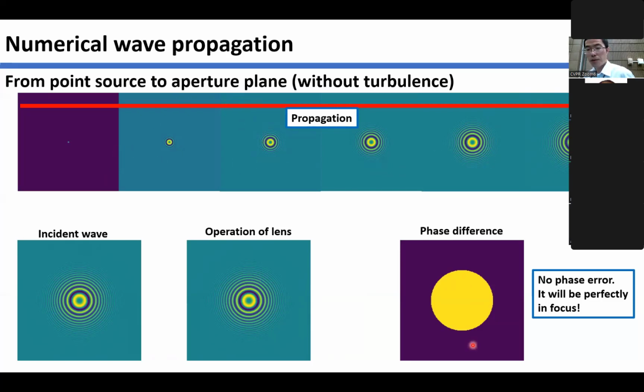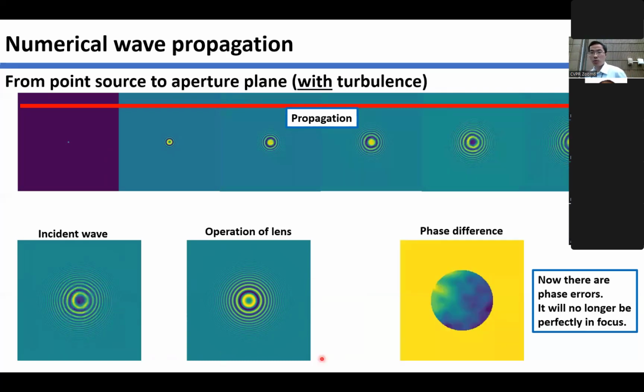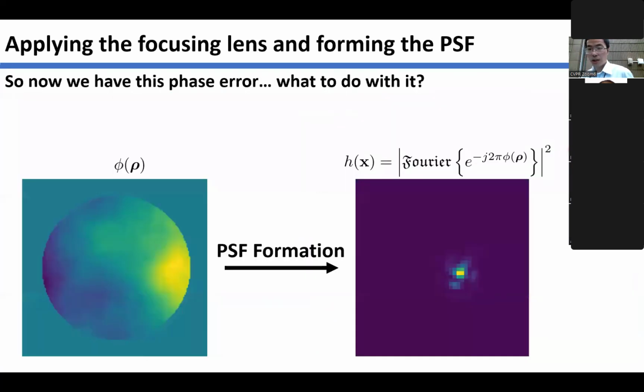Now, what will happen if you have turbulence? With turbulence, you will start to see these point spread functions distort. And this is another figure showing you the phase that you can draw, and then you form this equation, then you can get the point spread function.